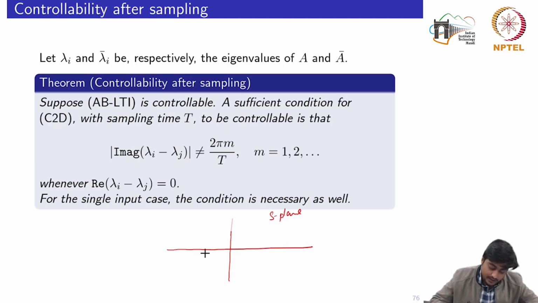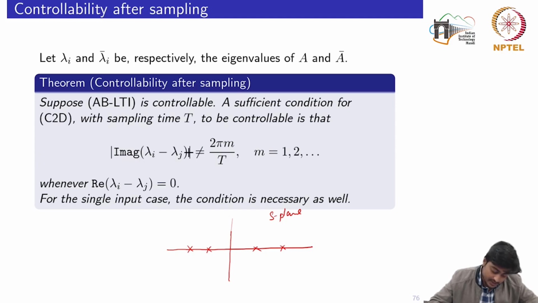Now if all the eigenvalues are on the real axis, let's say we have the eigenvalues here, or anywhere, then it means that the system would always be controllable, right? Because there won't be any imaginary part.